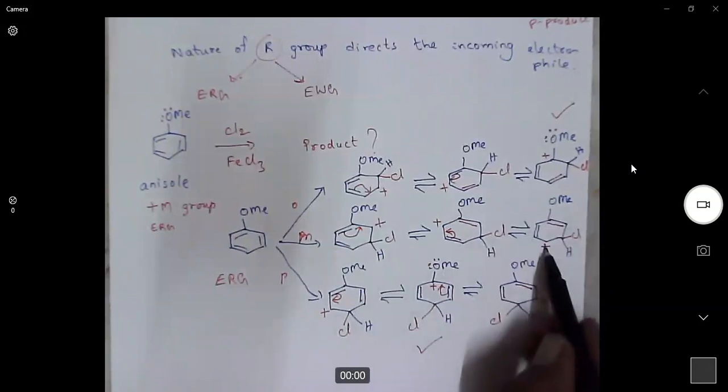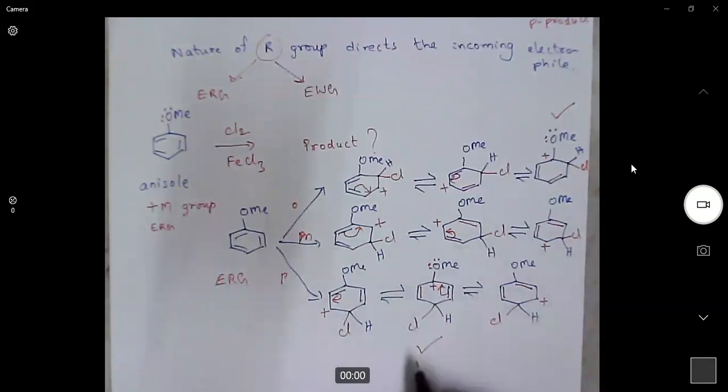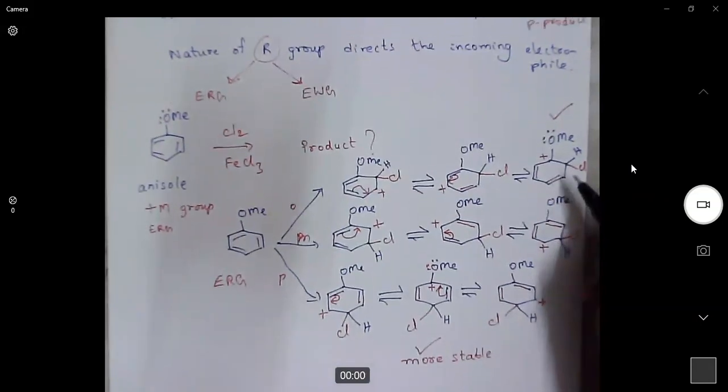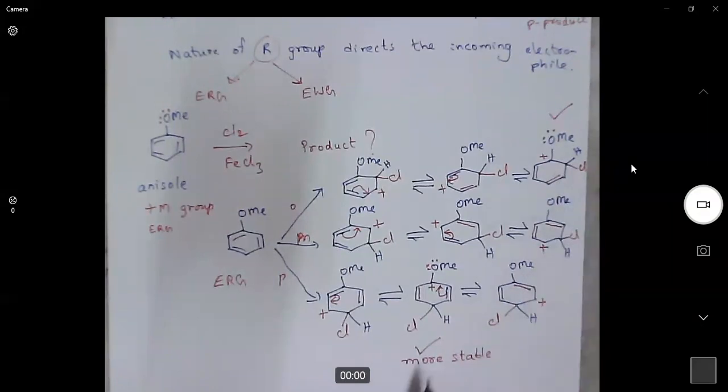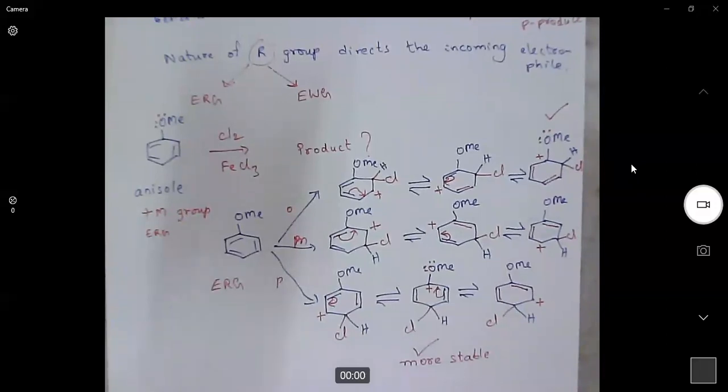See, this is a different carbon and this is a different carbon. So this resonance contributor is more stable among all other resonance contributors. Similarly, in the para product also, we are getting the most stable resonance contributor.